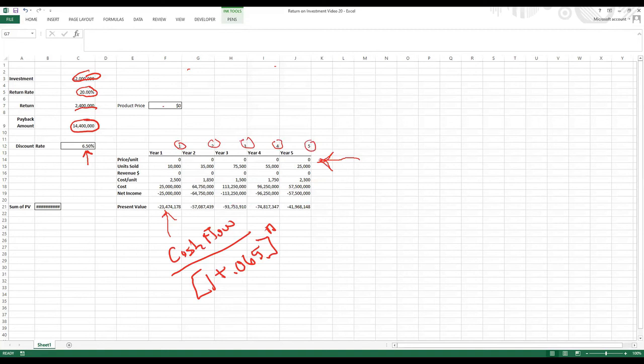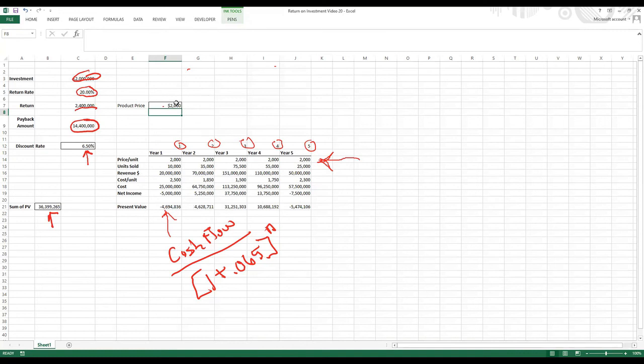And then we will sum up these present value numbers to get the total present value of these net income streams and try to get this number as close as we can to our desired payback amount. So let's enter a price now of, say, $2,000 as a sales price.